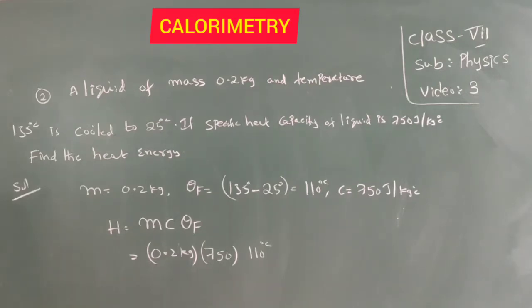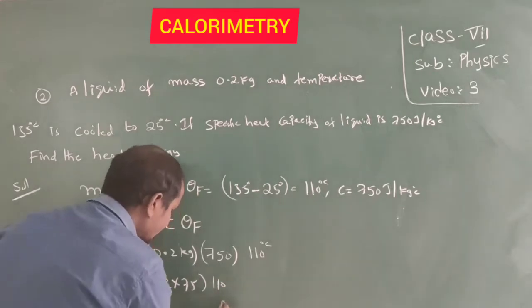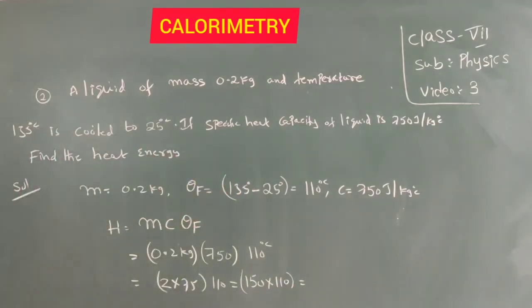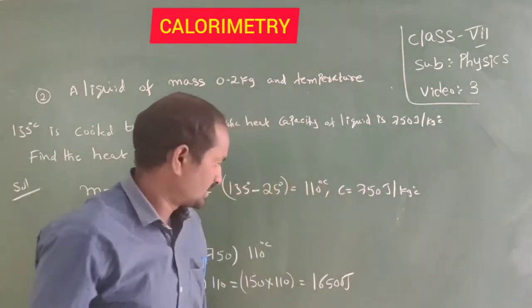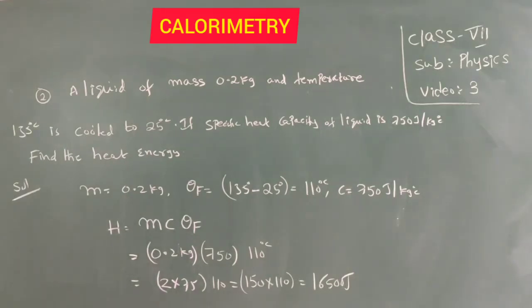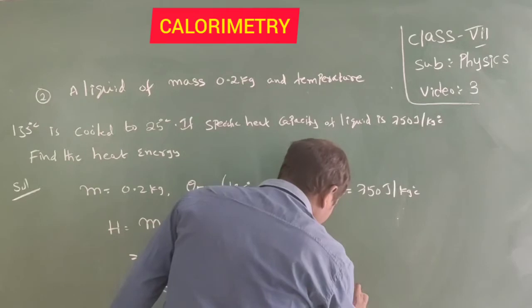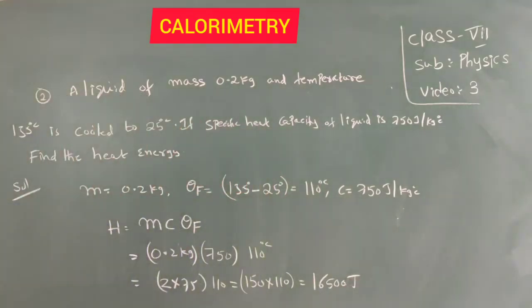So 150 into 110 is equal to how much? 50 into 11, that equal to 16500 joules. Okay.